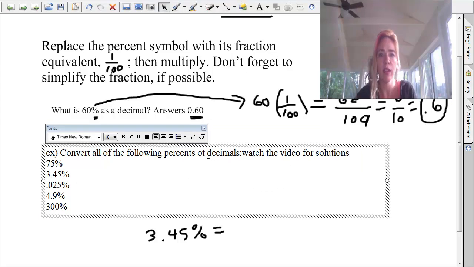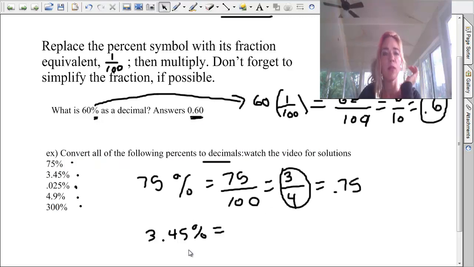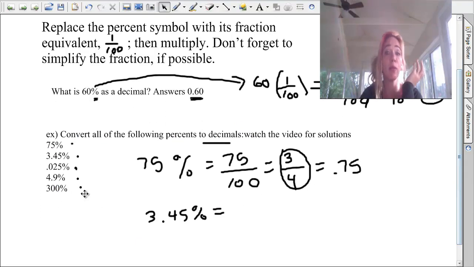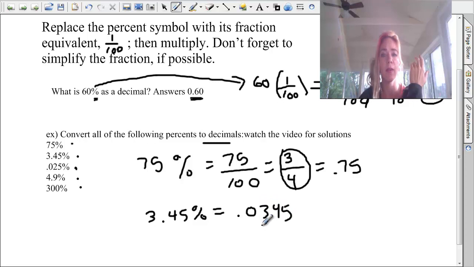Convert all of the following percents to, it shouldn't say ought, it should say to. If you're trying to get them from percent to decimal form, you can take this approach that I'm doing now. But there's an alternative approach. You might say, well, gee, I'll just slide the decimal 2 to the left and I'll have it. So I did want to mention that. You might be able to look at this and intuitively reverse the flow and say, gee, I know that's going to be 0.0345. That's probably the fastest way of doing things.